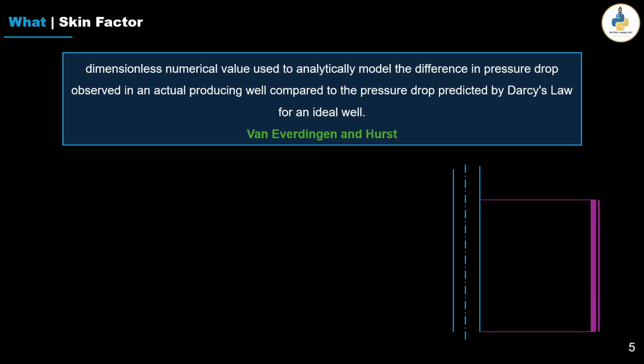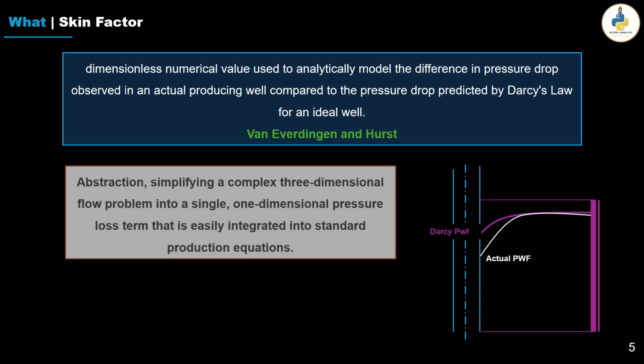Simply, if we have this reservoir-well model, by Darcy law we expect this type of pressure drop, from PE to PWF. But in the actual field, the drop is higher, and so the actual PWF is lower than the PWF predicted by Darcy law. So they tried to capture this behavior into an abstraction, which is called the skin factor.